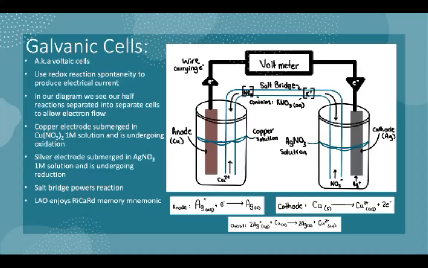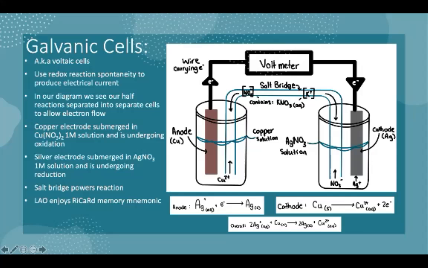To begin, we see the electrodes submerged in their corresponding solutions and cells, which you have determined using the half reactions below and the memory mnemonic LEO enjoys RC, which means left anode oxidized and right cathode reduced.